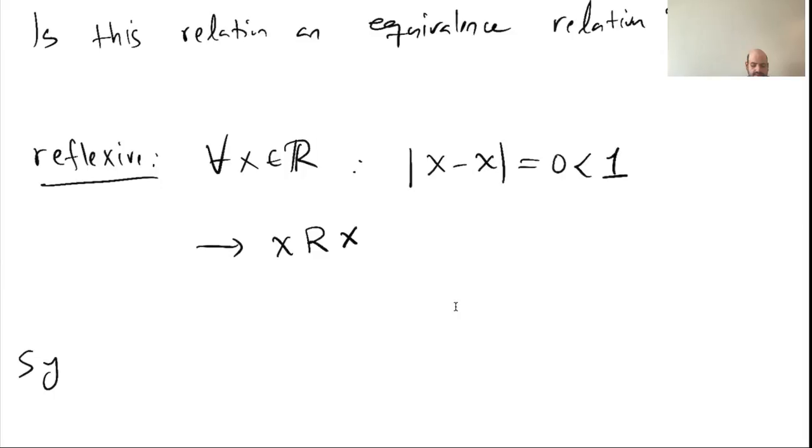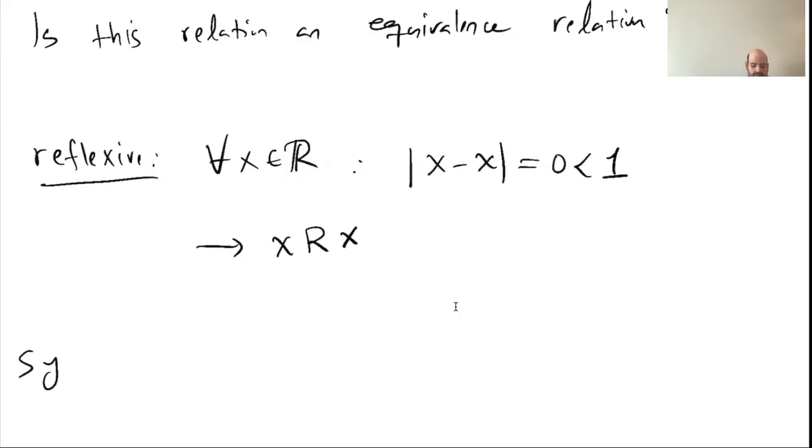So for example, let's say x equals 1.1 and y equals, let's say, 2, z equals 2.9. So this is the counter example. See, absolute value x minus y is how much? 0.9, which is less than 1. And absolute value y minus z is also 0.9, which is less than 1.